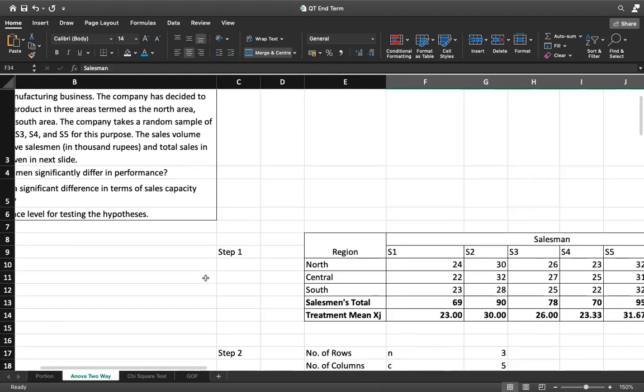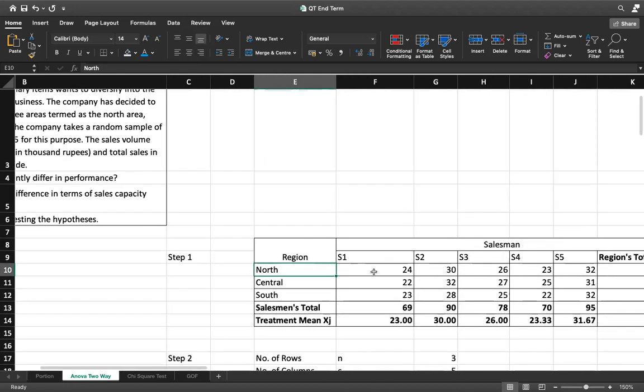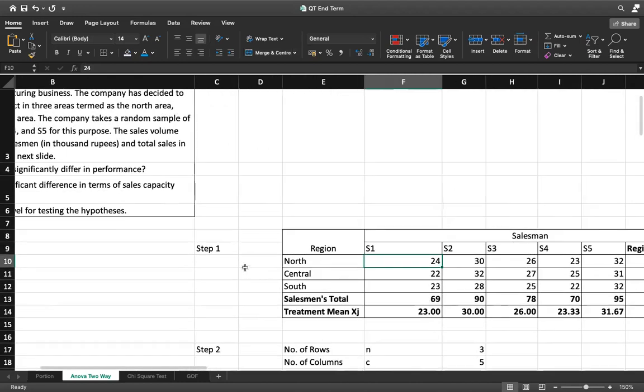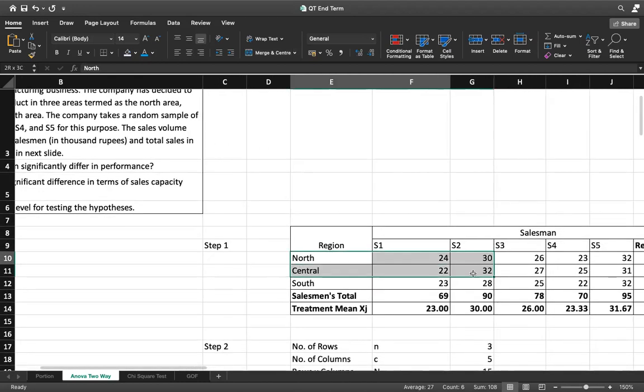In this table, they have shown the sales generated in each of the regions by each of these salesmen. So salesman 1 generates 24 sales in the North region. This is what the table essentially means, and this table is given to us.